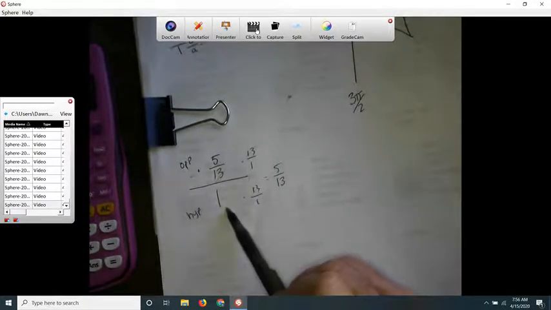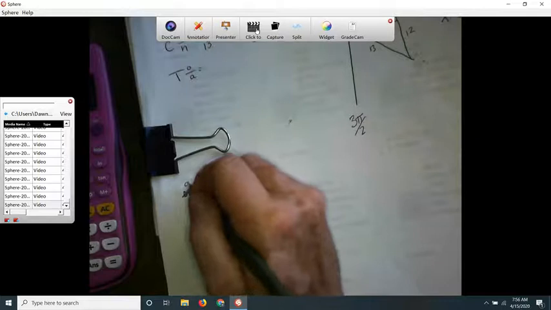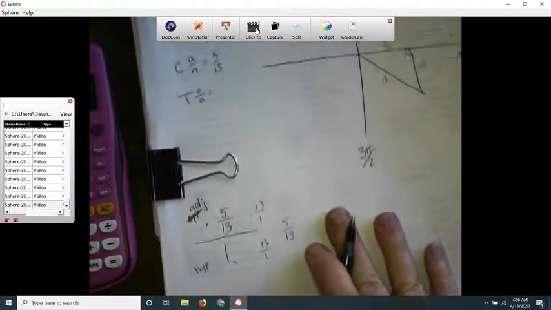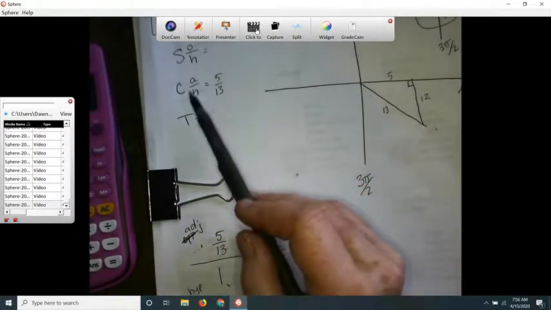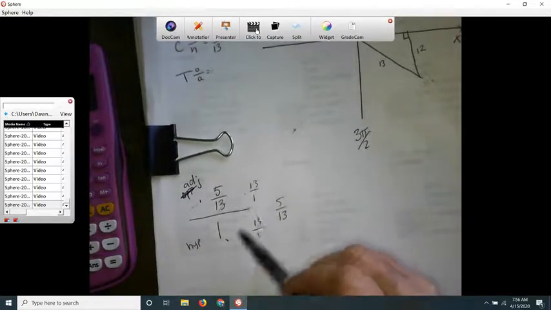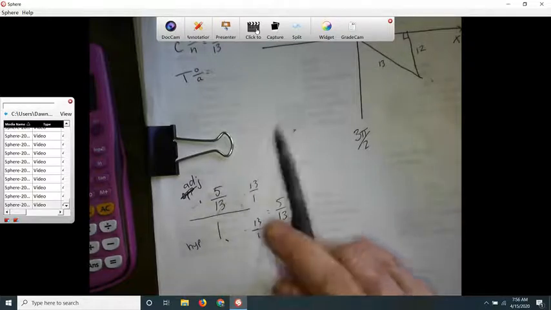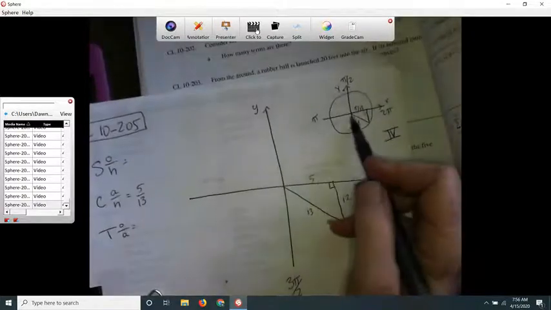Or sorry, it's not opposite, it's adjacent. Because cosine is adjacent over hypotenuse. So in a unit circle, the adjacent is the x value, it's adjacent to the angle. It's the x value.